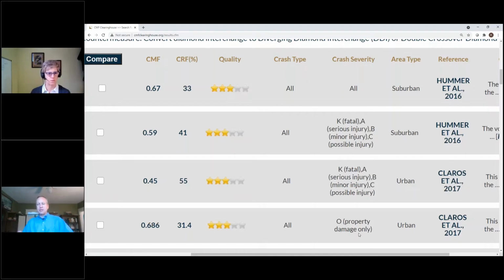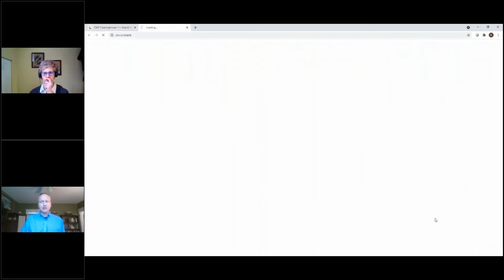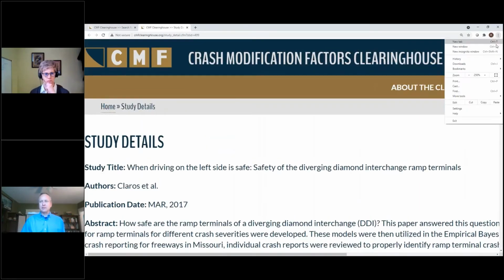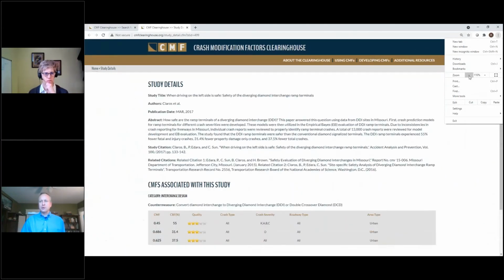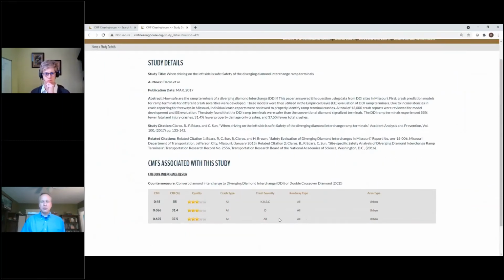You really want to pay attention to the research, like this same research here, Carlos et al. 2017. Usually you have to dig in and find out what that research really looked at, what I should be applying, and which of these I should be using. So the bottom one is for all crashes, or do I want to split my crashes and use 2 CMFs instead of 1 CMF?